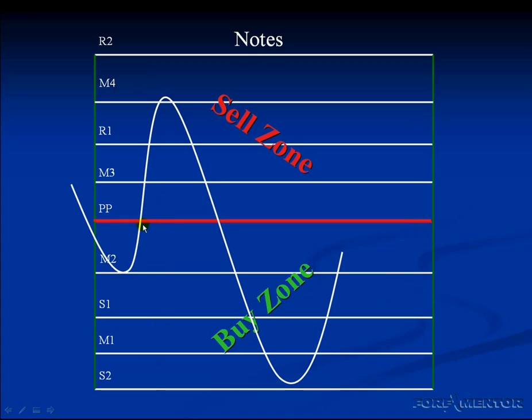Effectively, what I like to do is, any time that the market is at or below the central pivot, I would consider the market to be in a buy zone. And any time that the market is at or above the central pivot, I would consider the market to be in a sell zone.